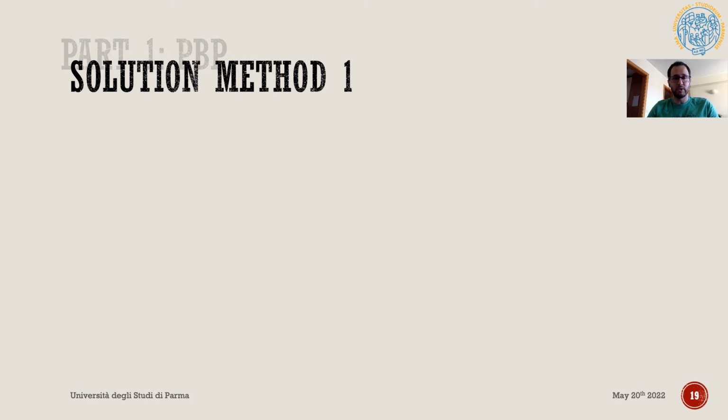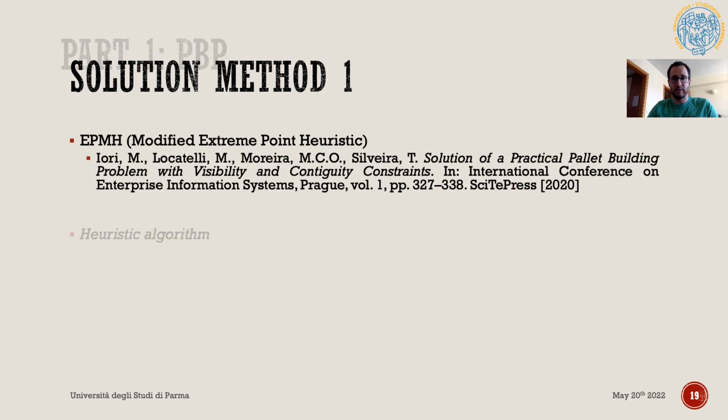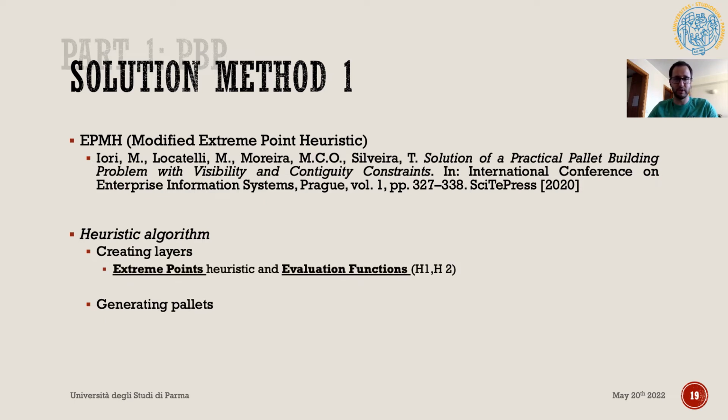The first solution method is our base heuristic algorithm called EPMH, which is an adaptation of the extreme point heuristic with evaluation functions to create layers and a grid heuristic for generating pallets. This heuristic is deterministic and has no local search methods.